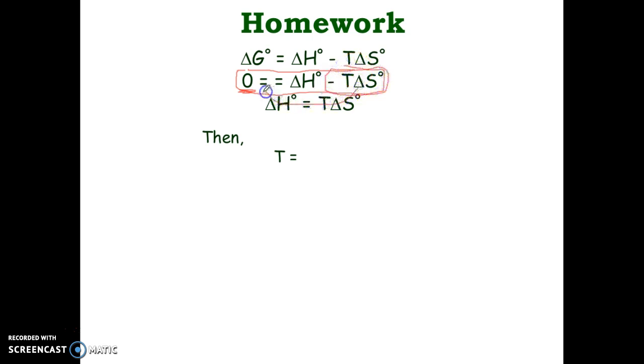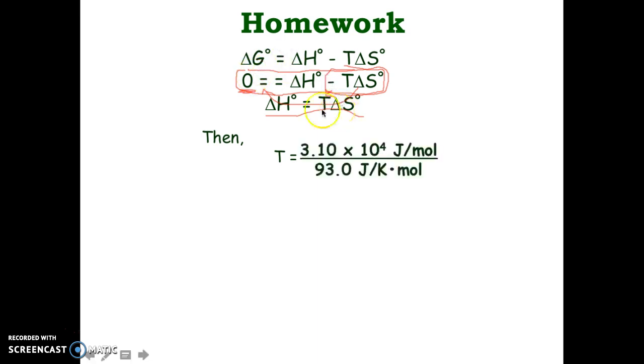What I end up with is this equation: delta H equals T delta S. And to calculate T, because I'm calculating at what temperature delta G equals 0, which is my equilibrium, I can rearrange this equation further to T equals delta H over delta S. And when I plug this in, I get this.